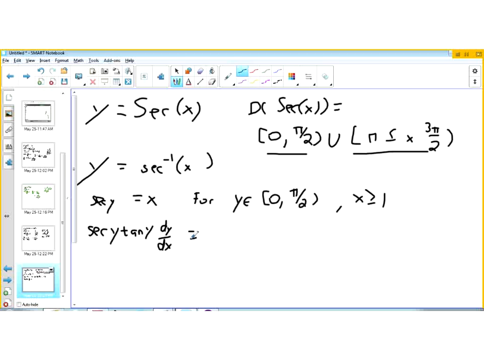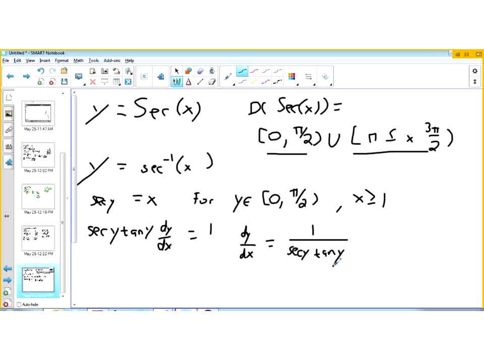Okay, so that's equal to 1. And so dy over dx is equal to 1 divided by secant y tangent y.